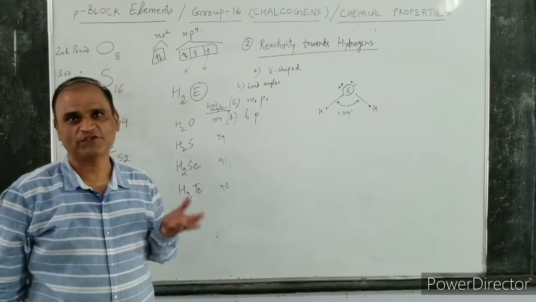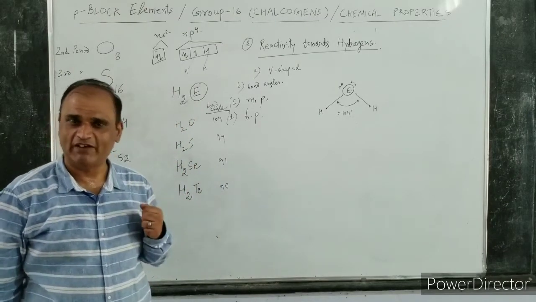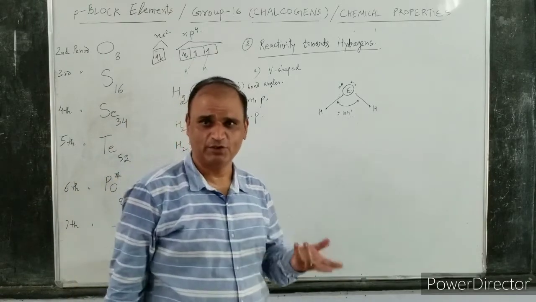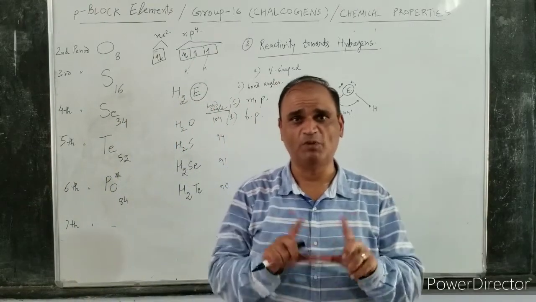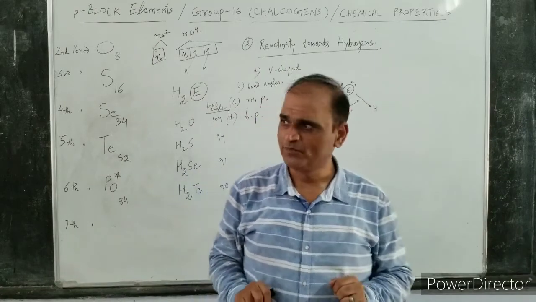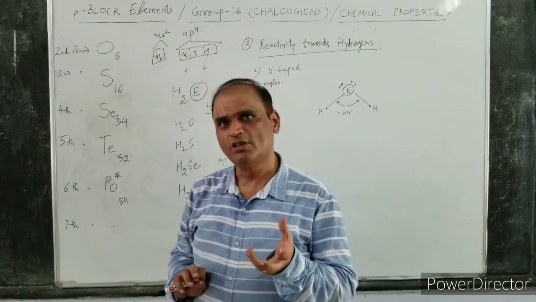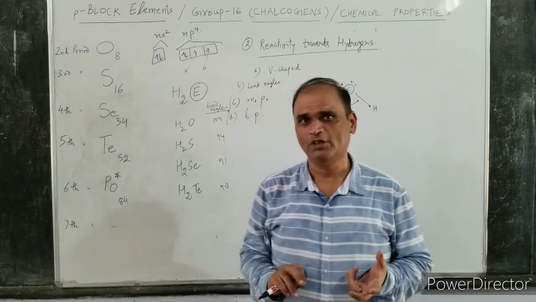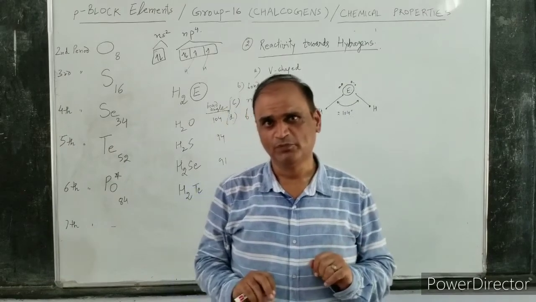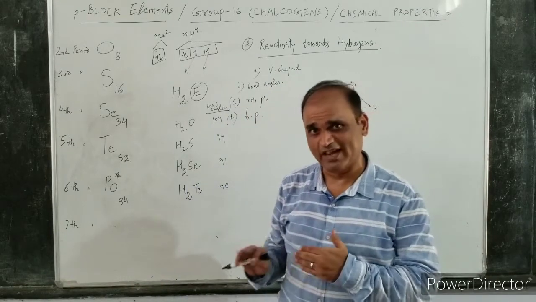These attractions are of several types. You have learned in your 11th class syllabus about dipole-dipole attractions, London forces, dipole-induced dipole, which are commonly called van der Waals forces of attraction. Then comes H bonding. Generally, neutral, non-polar molecules have London forces. Polar molecules have dipole-dipole, or ion-dipole in case of ions.